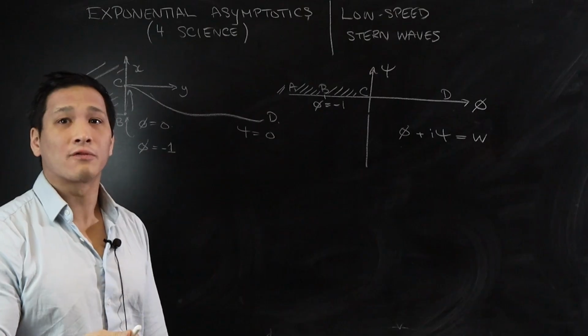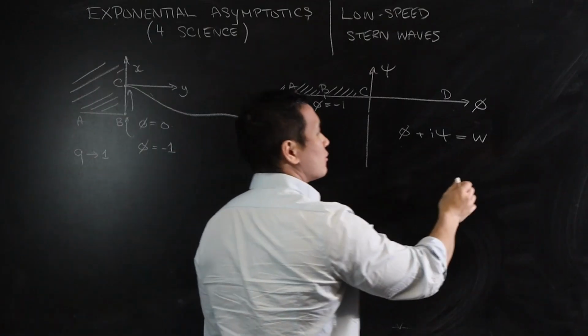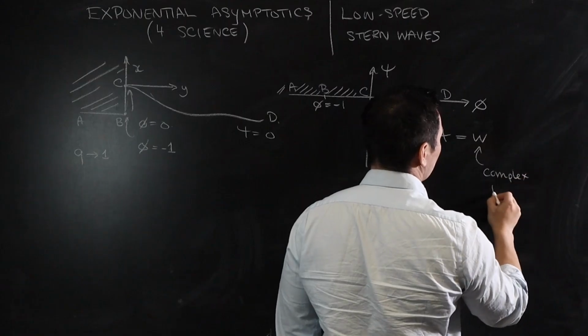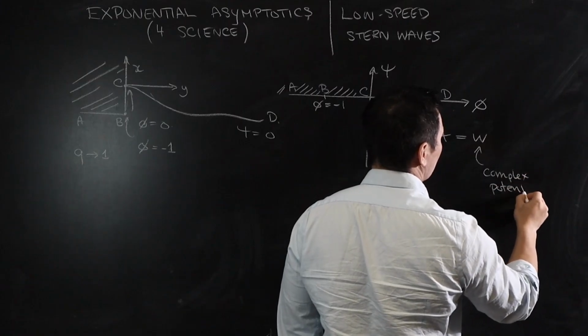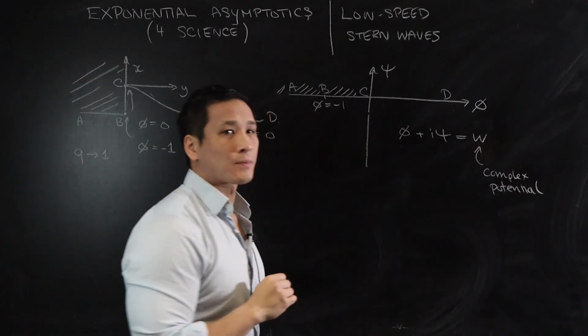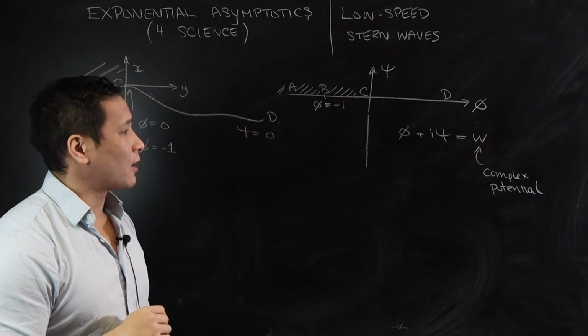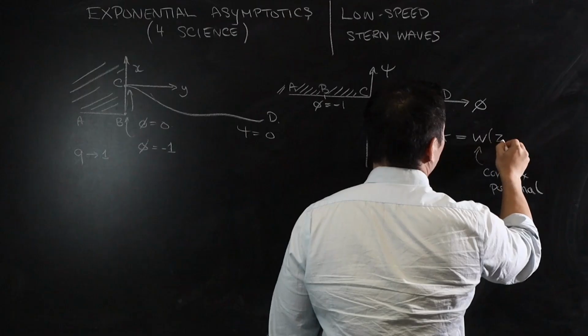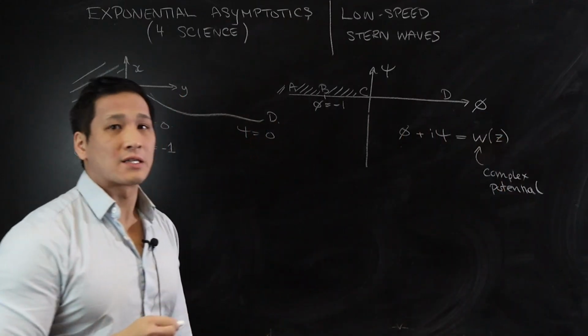So, in potential flow theory, this w is the complex potential. Okay. And then also, as I explained, it's easier to think of w as a function of z.